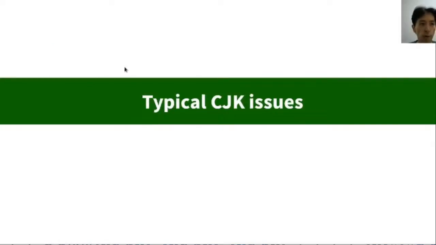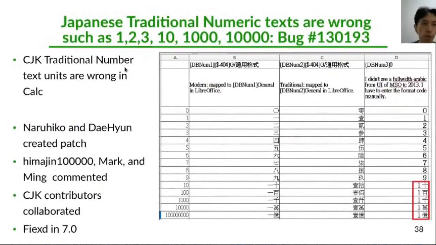So, typical CJK issues. This case is Japanese or other, so traditional numbers. It's Wallon.